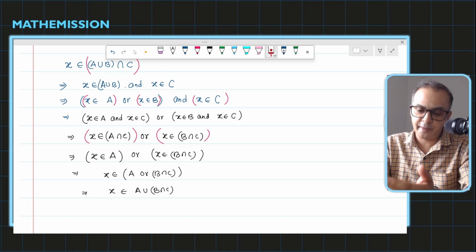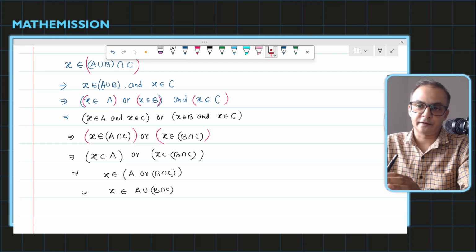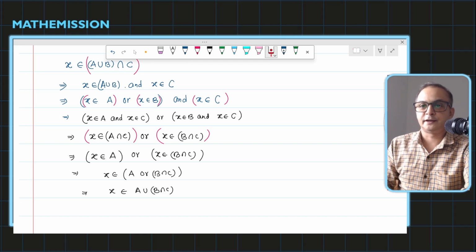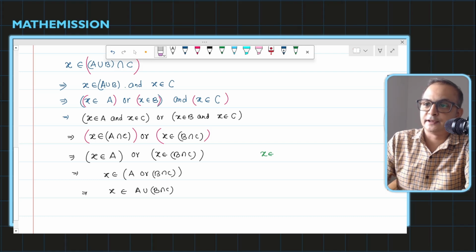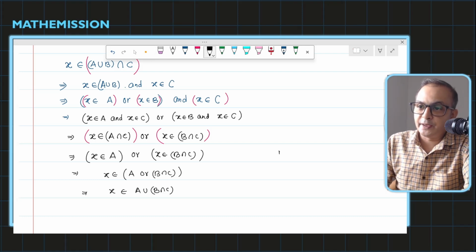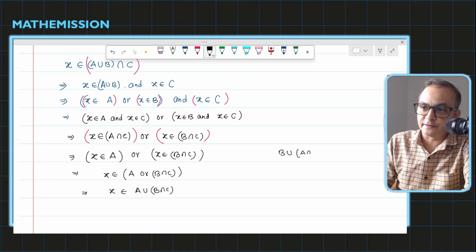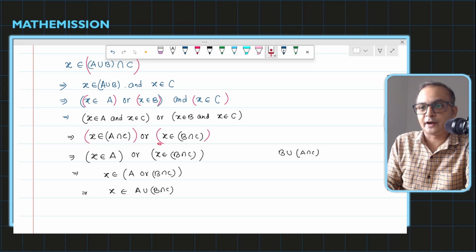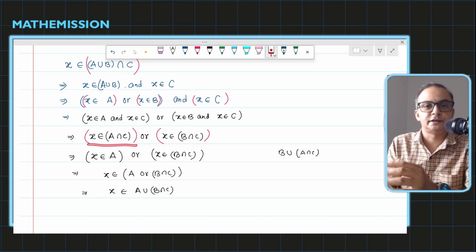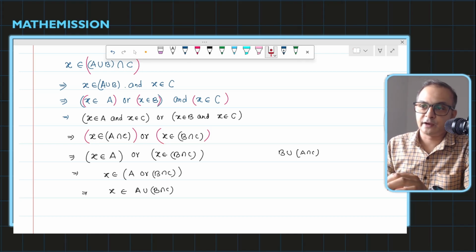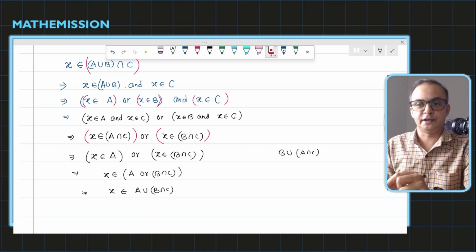It means we have to make that argument with proper logic, and we have to modify our statement in that direction. Suppose I had to prove this other part, let's say I had to prove B union A intersection C. It means you can see here I would modify that. I could write x belongs to B, and this thing I would keep as it is. And from there I can conclude that x belongs to B union A intersection C.